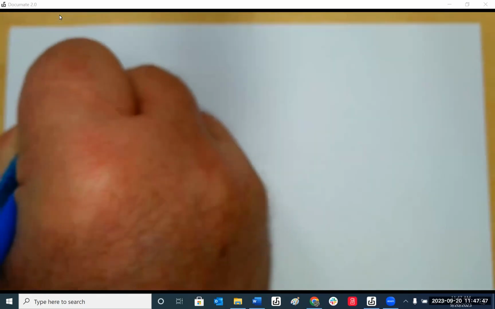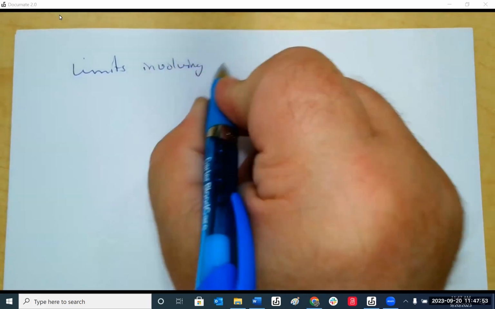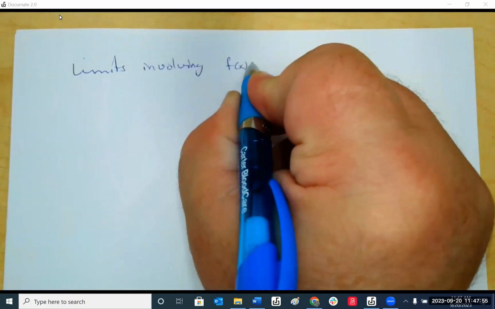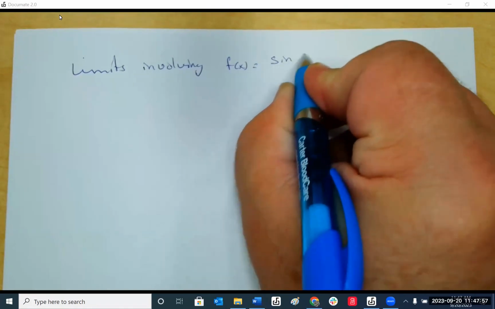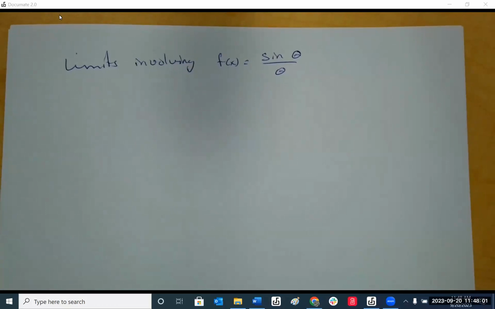All right, so now let's look at limits involving functions like this: sine theta over theta. Why is that important?